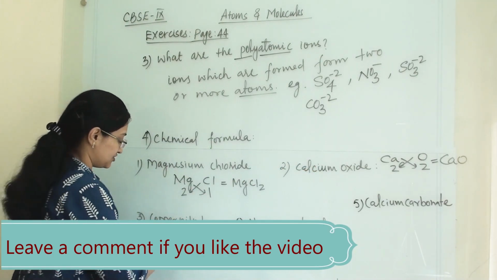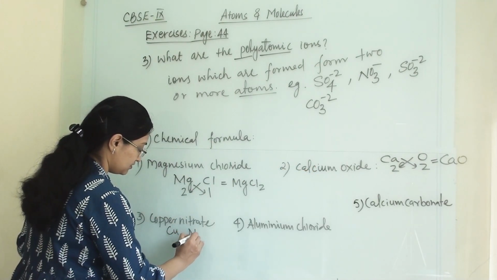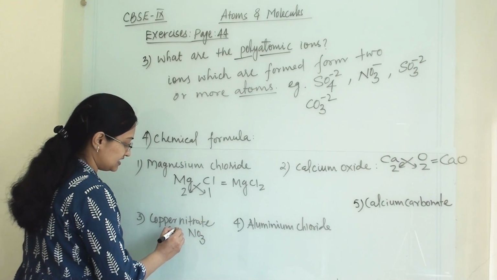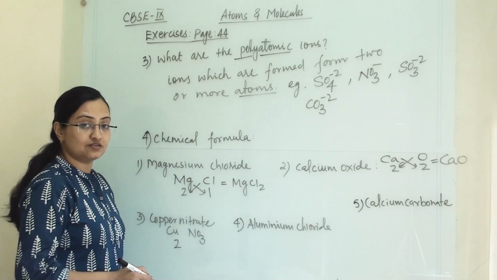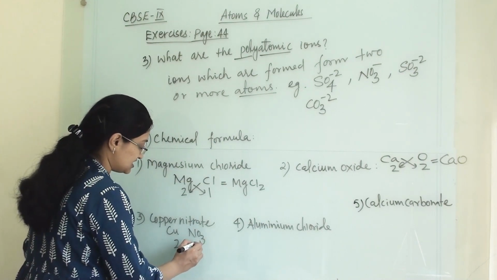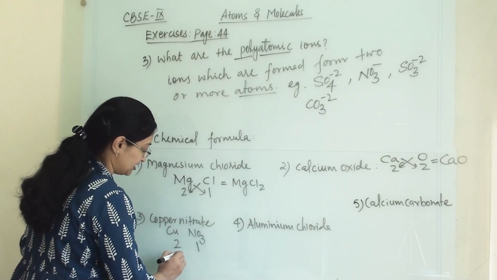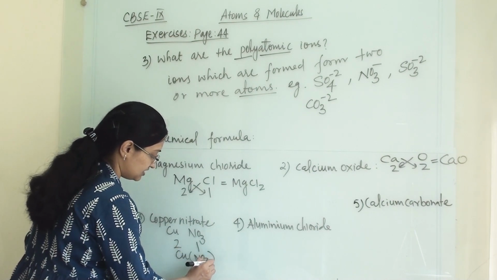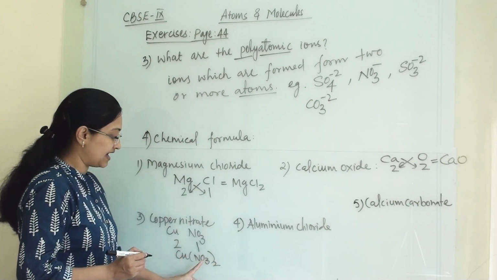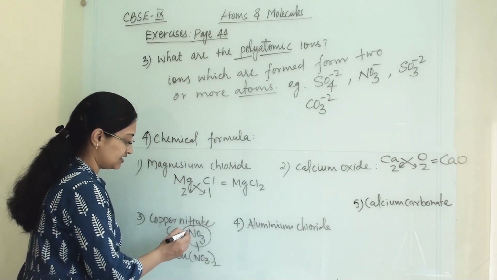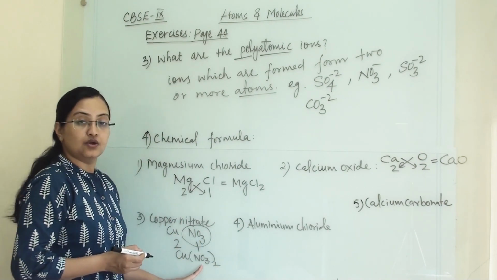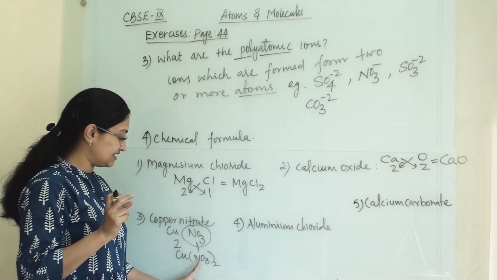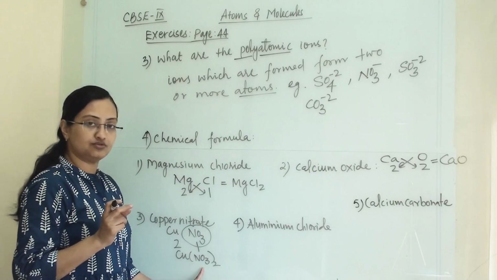Then copper nitrate, Cu and NO3. Here we take copper's valency as 2 and nitrate's as 1. So our molecular formula is Cu(NO3)2. We have to make a bracket because this is a polyatomic ion. So this 2 goes with both nitrogen and oxygen. So we write copper nitrate like this, Cu(NO3)2.